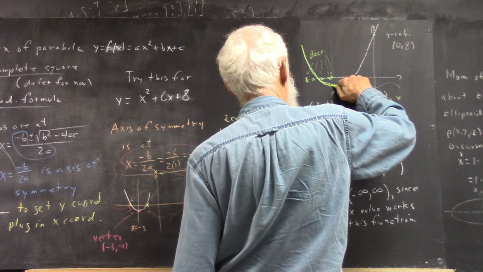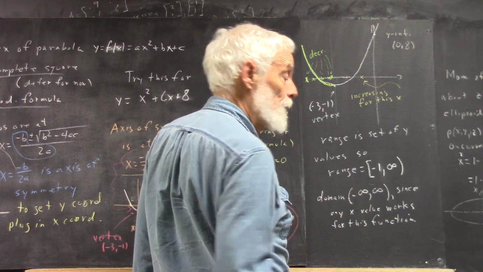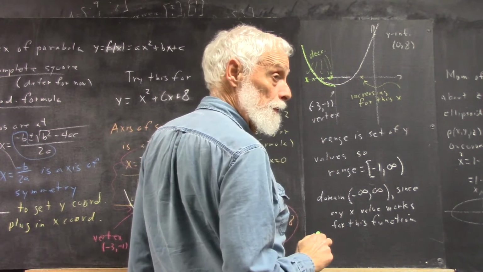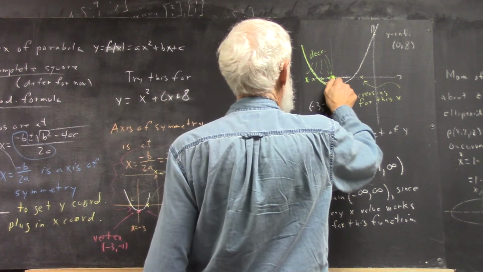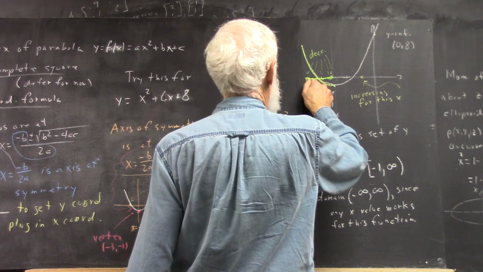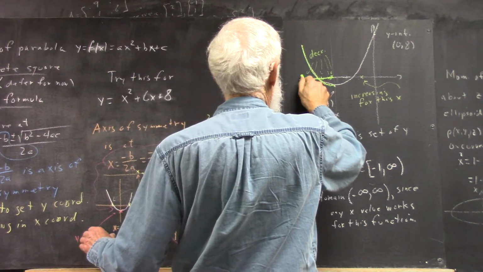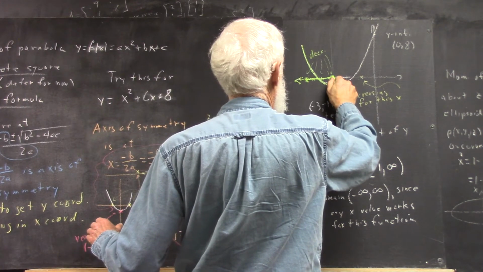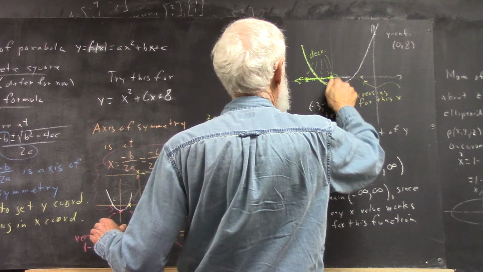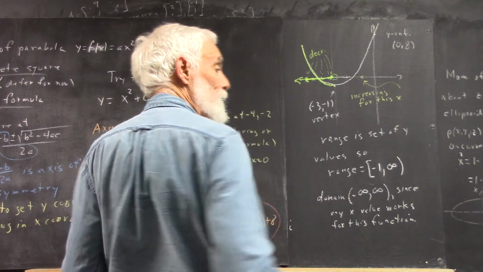Okay, so the interval in which it's decreasing, well, I can just trace that over, you see it. It's decreasing until you get here, right? Right. So that's the decreasing part of the graph, and the x interval where it's decreasing starts here, doesn't include this point, but it goes forever.